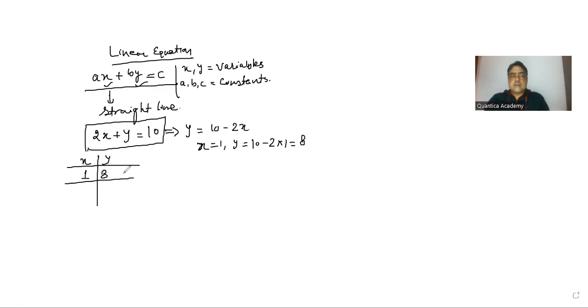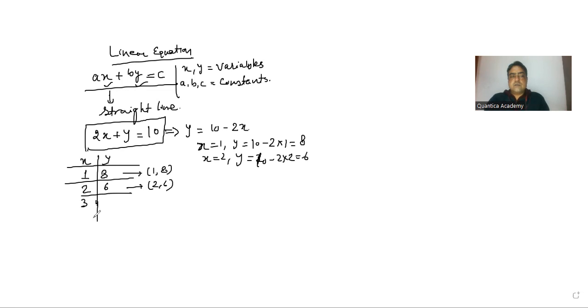In terms of an ordered pair, if we write x first and y second in brackets, then the ordered pair (1, 8) represents a point in a Cartesian plane. For x equals 2, we have y equals 10 minus 2 into 2, that is 6. So we have another point (2, 6).